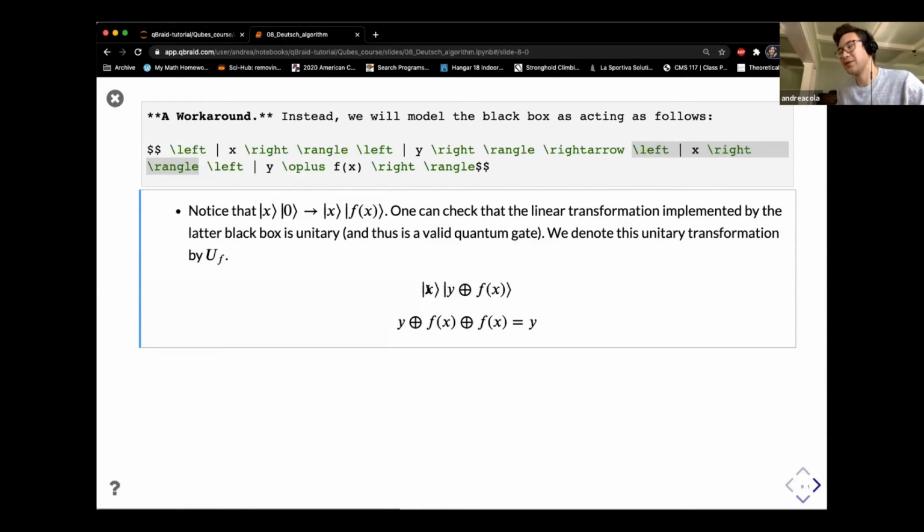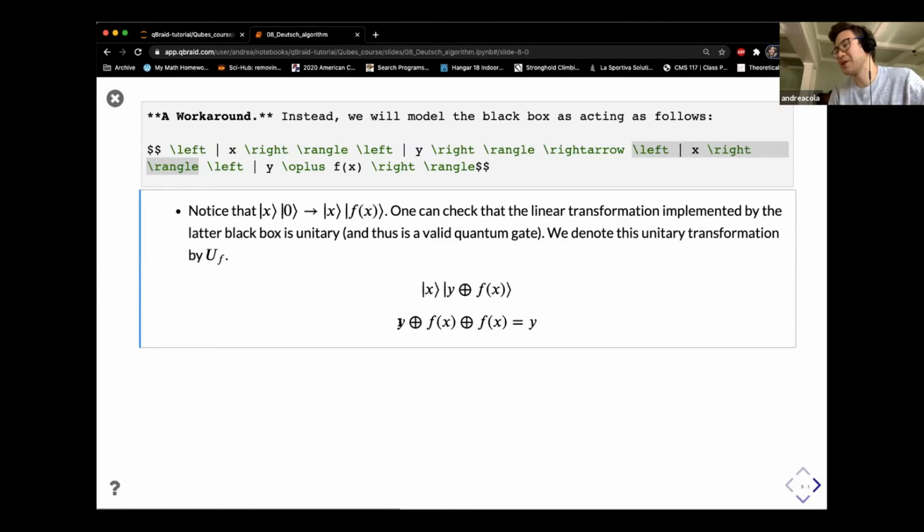If I have x and I have y plus f of x, I can always use the first qubit, the first bit x, to compute f of x. And then sum it or subtract it, it's the same for the XOR, for the parity, to the second bit.